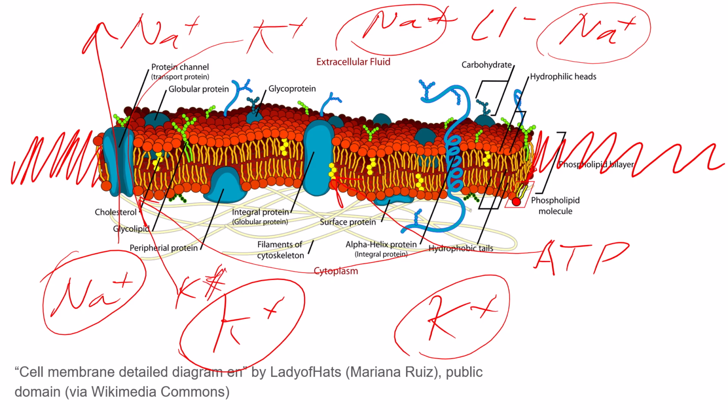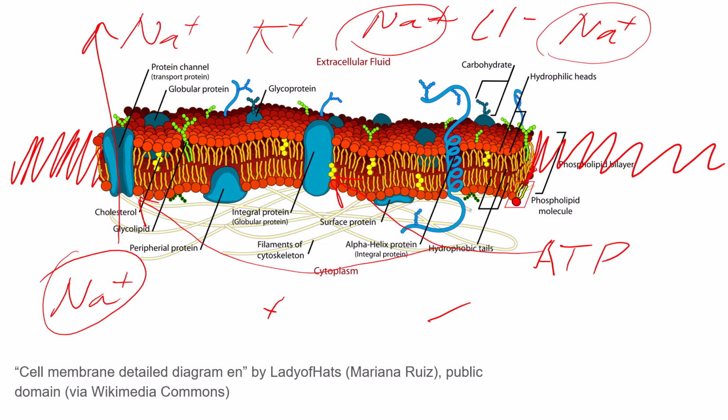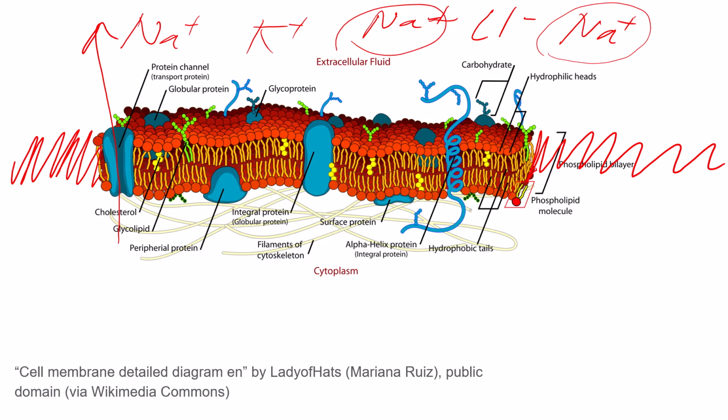Now, if your cell runs out of energy, for example, maybe the cell doesn't get oxygen, then it loses that ATP, right? Because if there's no oxygen, the cell can't generate the energy. It can't undergo cellular respiration. So the cell loses the energy, and then it can't pump the electrolytes anymore, right? It can't pump the sodium out, and it can't pump the potassium in.